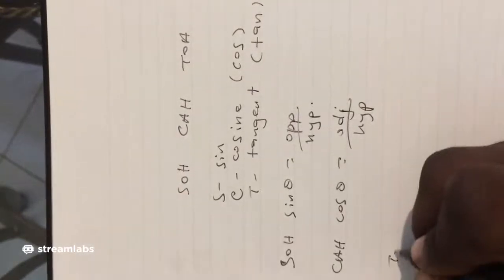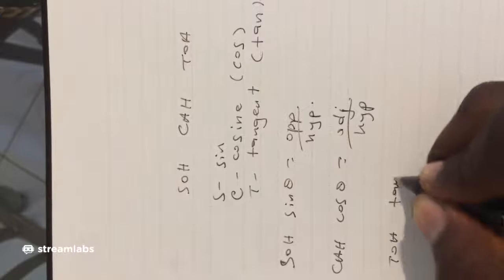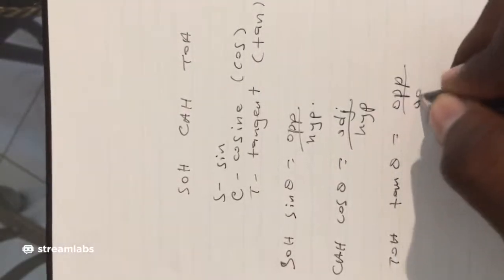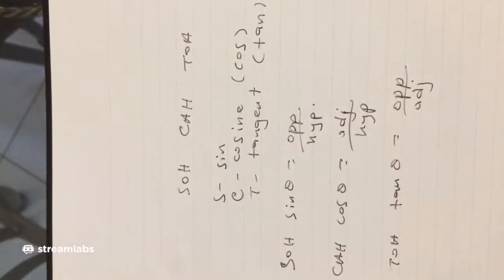And guys, make sure you're writing with me as well. And then for TOA, tan of theta is equal to opposite over adjacent.